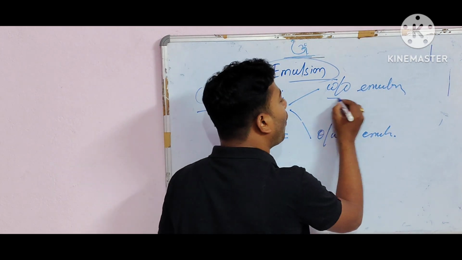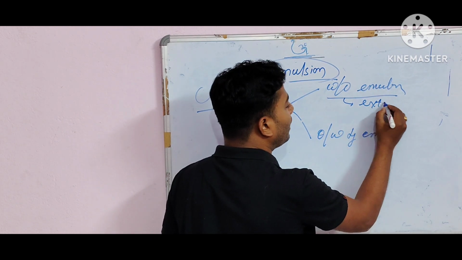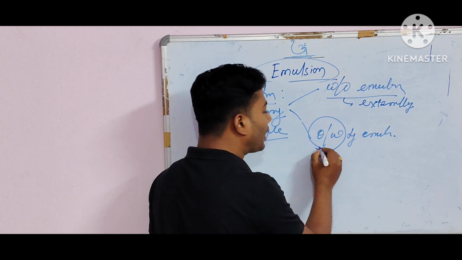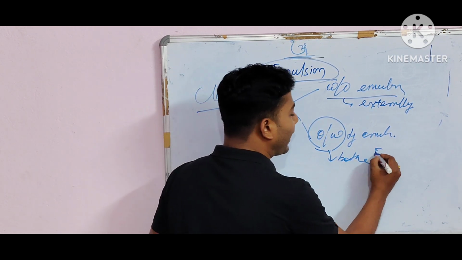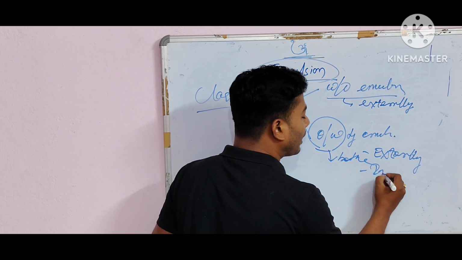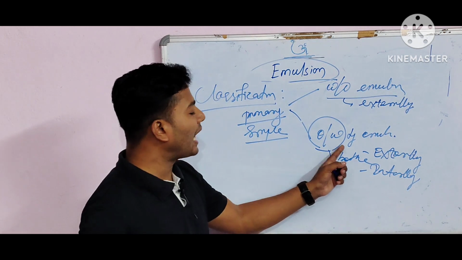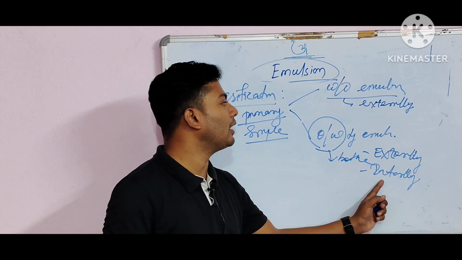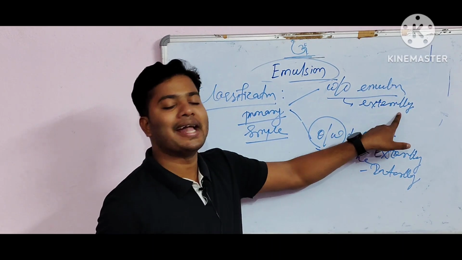The water in oil type of emulsion is used only externally. But the oil in water type of emulsion you can use both externally or internally. Clear? The O/W type of emulsion is used both externally and internally. But in case of W/O type of emulsion, you have to use it only externally.